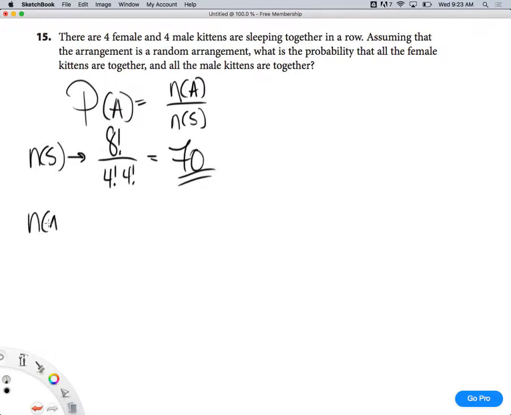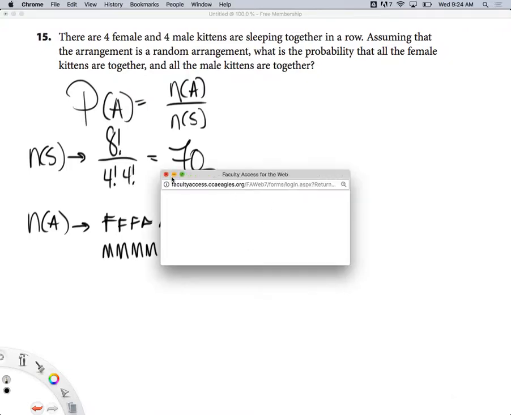Now, N(A), once again, you have to think about it. How many different ways can I order these kittens such that all the female kittens are together and all the male kittens are together? 2, very good. It's either all the females first and all the males second, or the converse: all the males first and all the females second. You see?